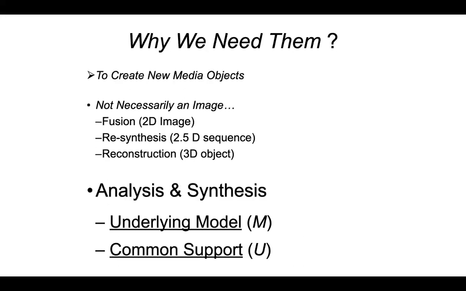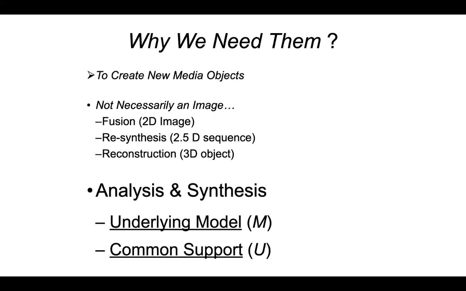But to create new media and do different things, we have to understand what we want to do with them, right? And also understand that the result is not necessarily an image, it can be a different type of media. Could be like a 2.5D sequence, could be a 3-dimensional object, could be an image that comes from several images.